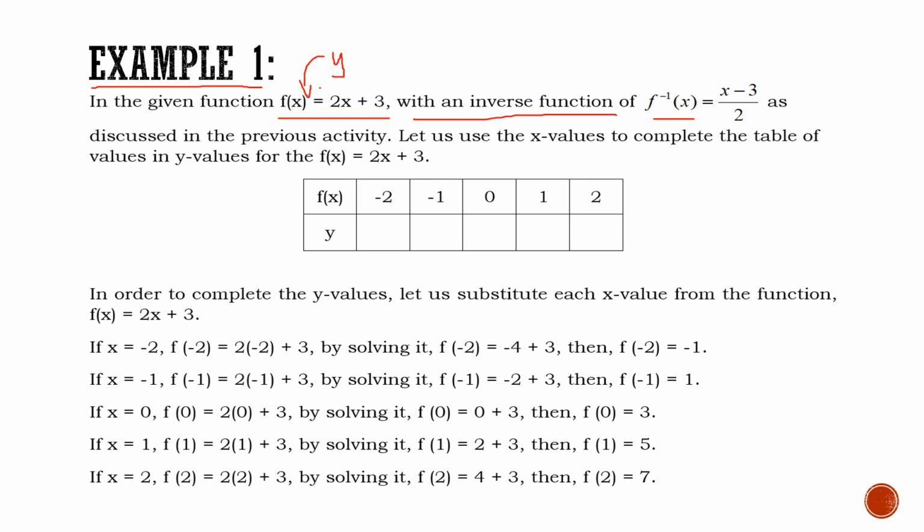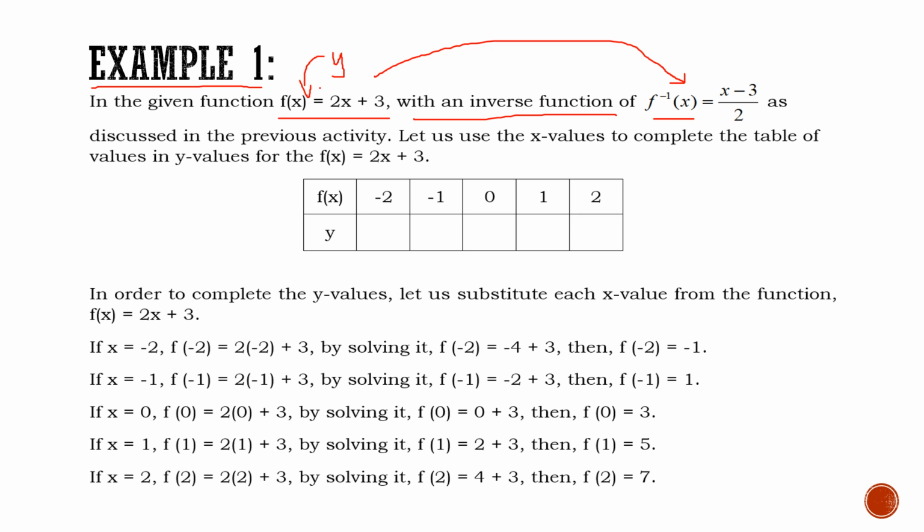Then we find the value of y in terms of x, and the result will be the f raised to negative 1 of x, which is x minus 3 over 2. So that will be the resulting value right after we apply the 3 steps in finding the inverse function of an original function.